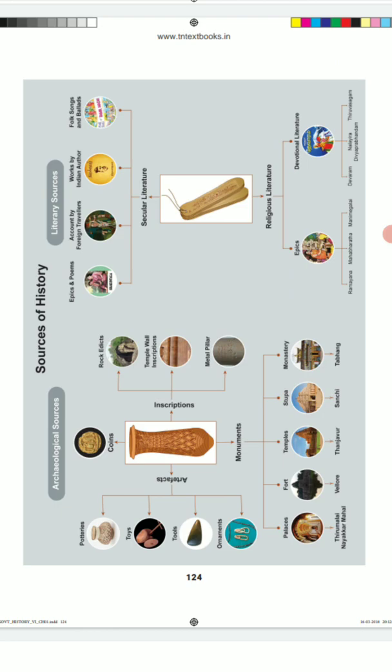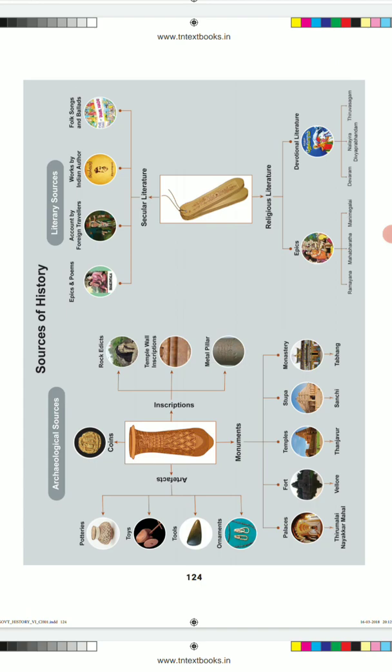Historical sources are the foundation to understand a particular era back in time. They help us to gain knowledge about important events, inventions, cultures, civilization, and many other aspects about society. So they serve as evidence in the construction of history.